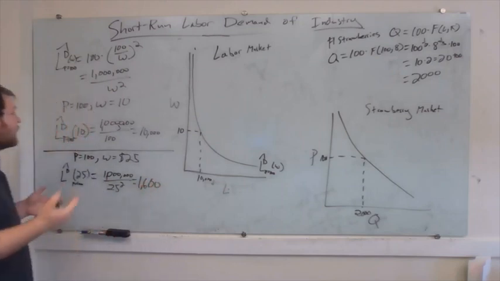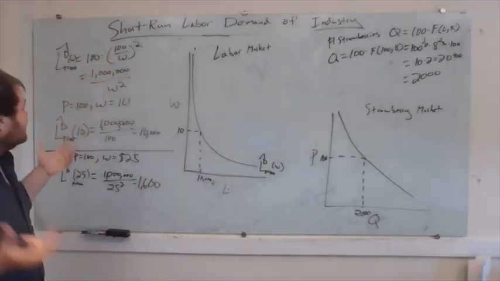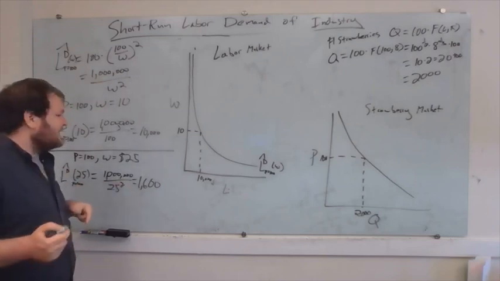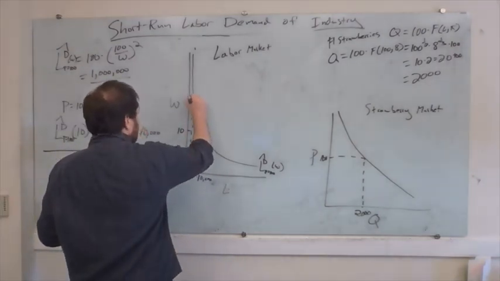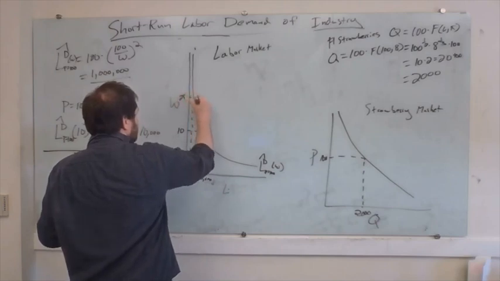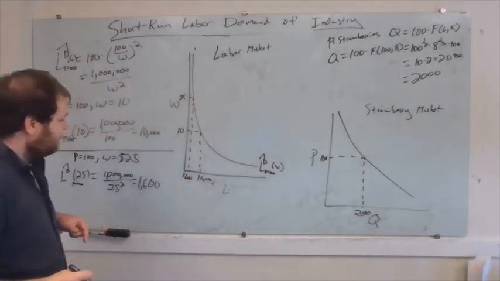Each firm is going to hire 100 over 25, which is 4, squared is 16, times 100 firms, so we've got 1,600 total workers. At a wage of 25, a big collapse in the number of workers employed.